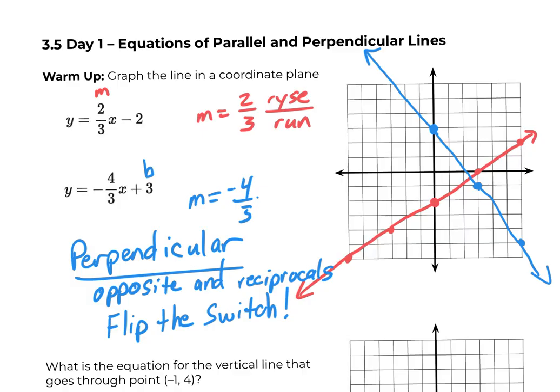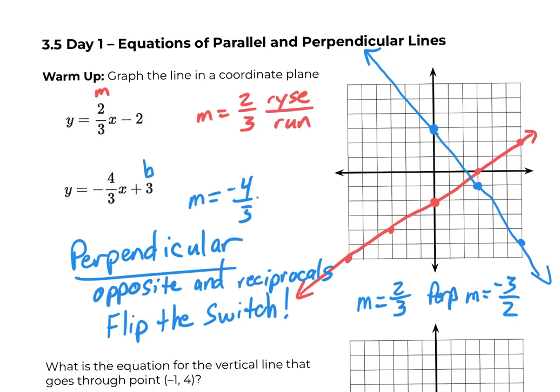And then we're going to switch the sign. So if I said 2 over 3 was my original slope, the perpendicular slope would be negative 3 over 2. Okay. I'm going to flip it over and I'm going to switch the sign.